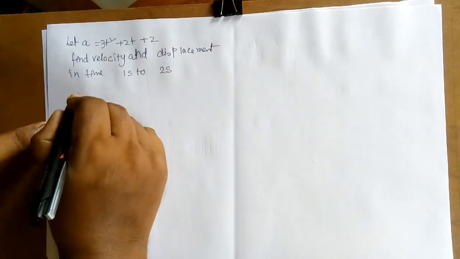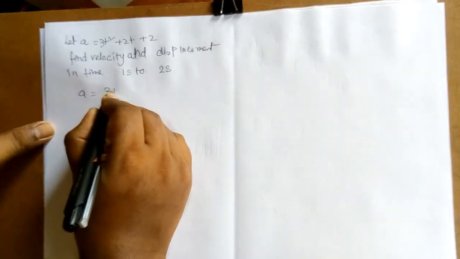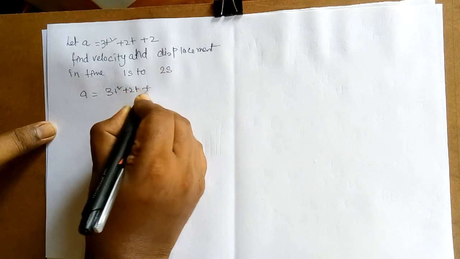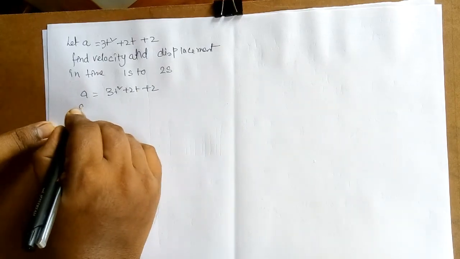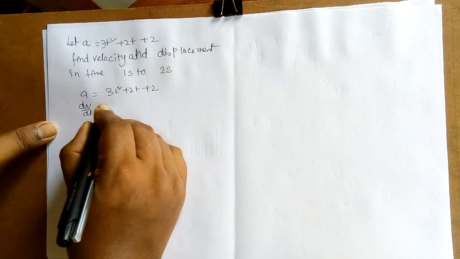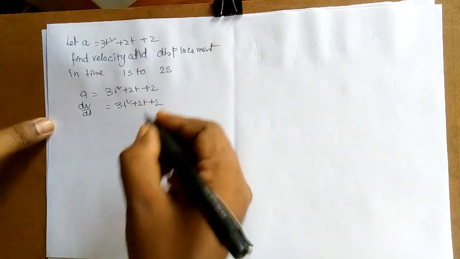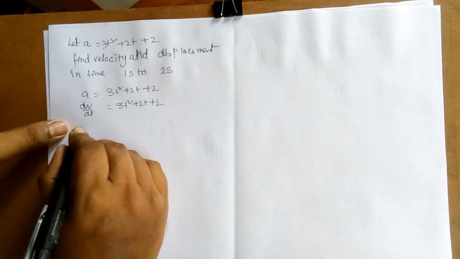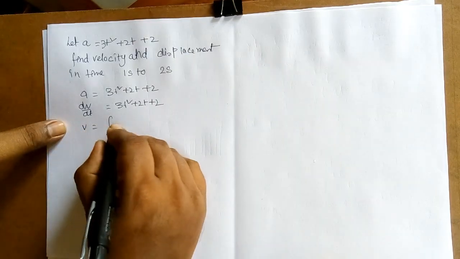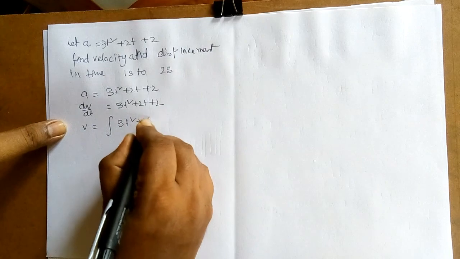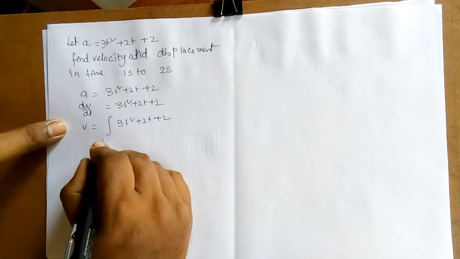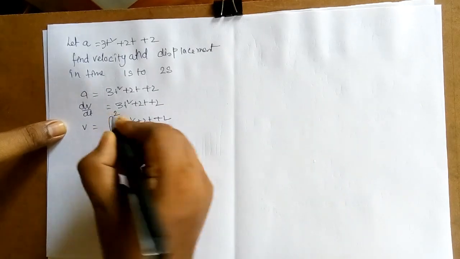Now a equals 3t square plus 2t plus 2. A means dv by dt, that equals 3t square plus 2t plus 2.